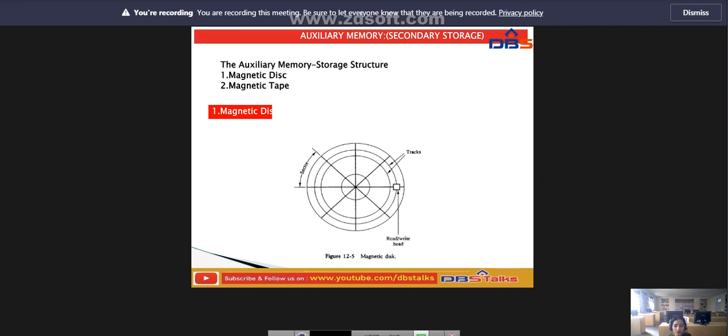Bits are recorded as magnetic spots on the surface as it passes a stationary mechanism called a write head.